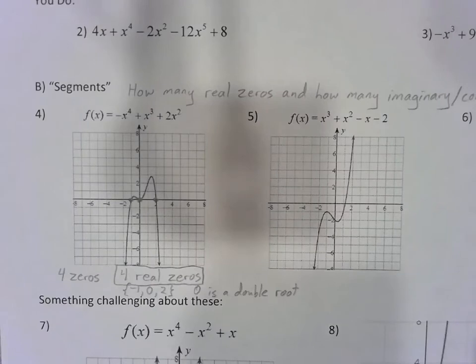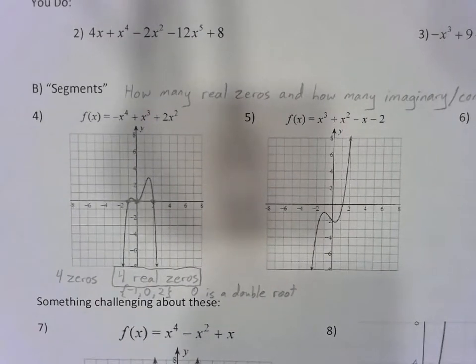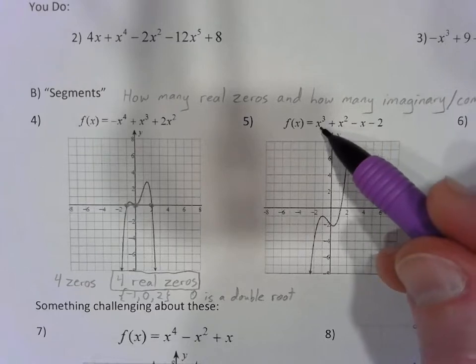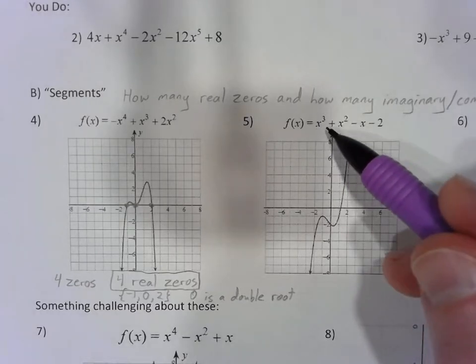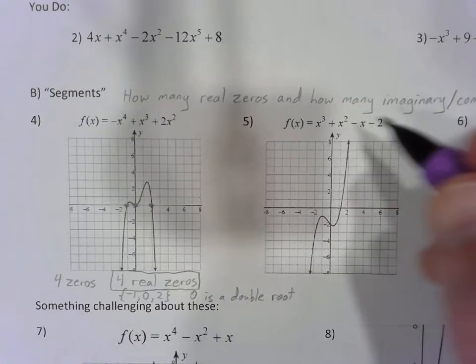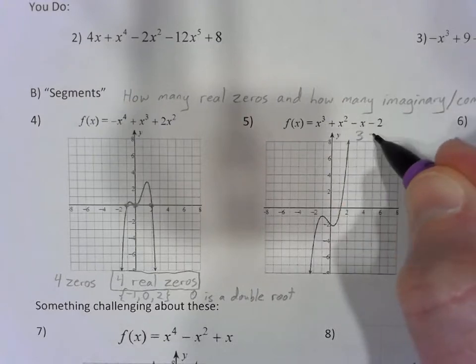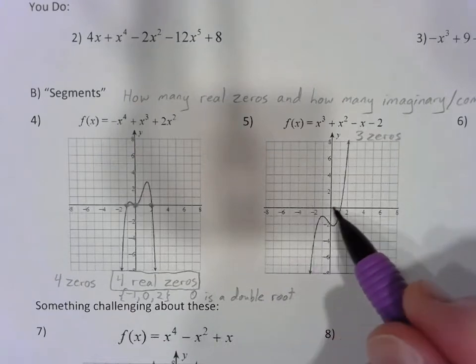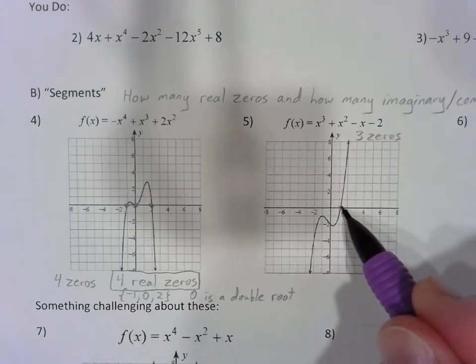Okay, so using those ideas, problem number 5, I see this is x to the 3rd power. So that means I'm looking for 3 zeros. And as I look on the graph, I see one place that it crosses the x-axis. There's nothing different.